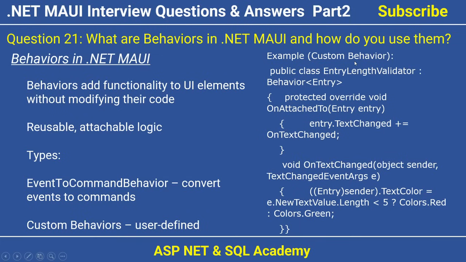In .NET MAUI, behaviors let you add additional functionality to controls without subclassing them. This keeps your UI code clean and encourages reuse. For example, you can create a custom behavior to validate text length in an entry control.